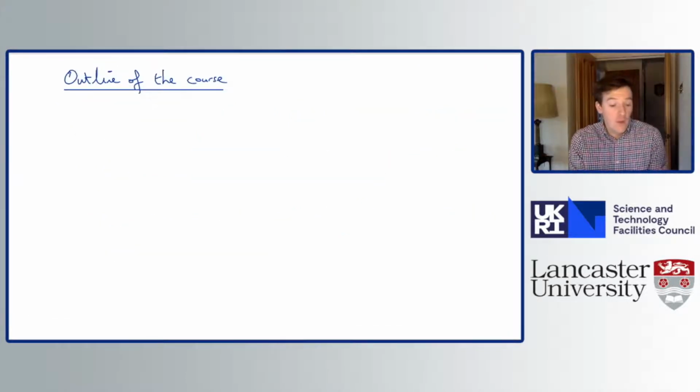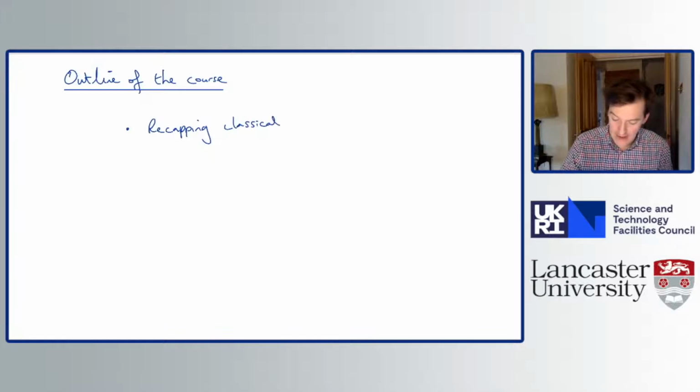Having discussed what QFT is and why you might want to study QFT, let me very briefly sketch for you what the outline of this course is going to be. So basically it consists of four points. So we're going to start by recapping classical physics. Okay, so there's a lot of concepts from classical physics that we're going to have to bring over to quantum field theory.